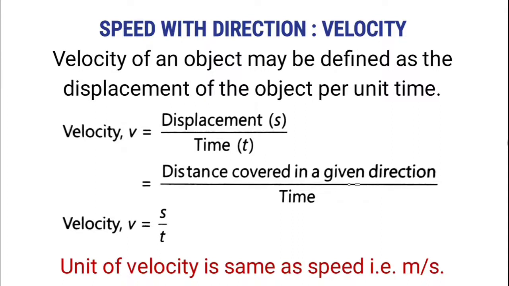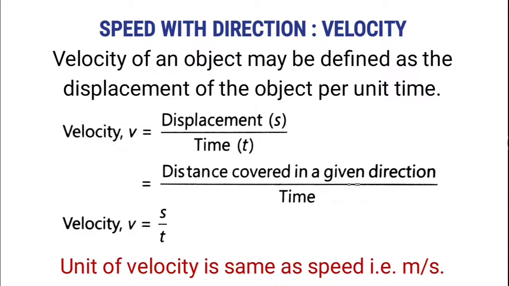Okay, but if I ask you in which direction the object is after 5 seconds, is it in north direction? Is it in south direction or some other direction? Then probably you have no clue about the direction.